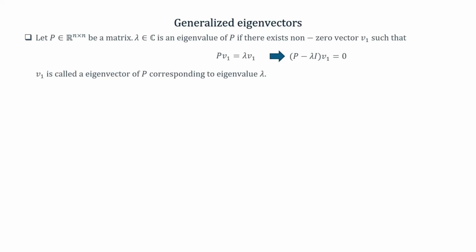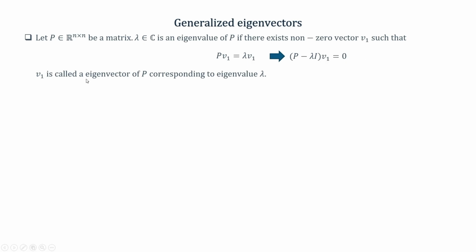This brings us to the idea of generalized eigenvectors. Now, what are generalized eigenvectors? First of all, let us recall the definition of an eigenvector. If P is a square matrix, then lambda is an eigenvalue of P if there exists a non-zero vector V1 such that P V1 equals lambda V1. Or in other words, V1 must satisfy this equation.